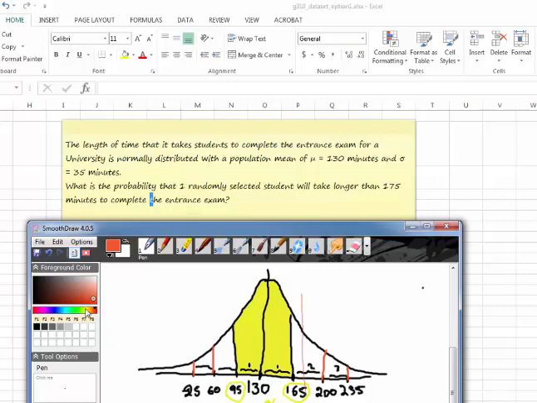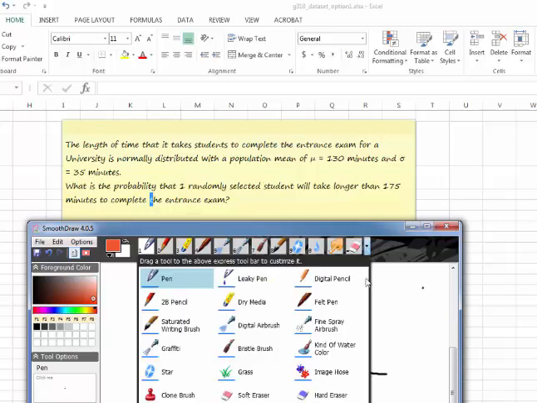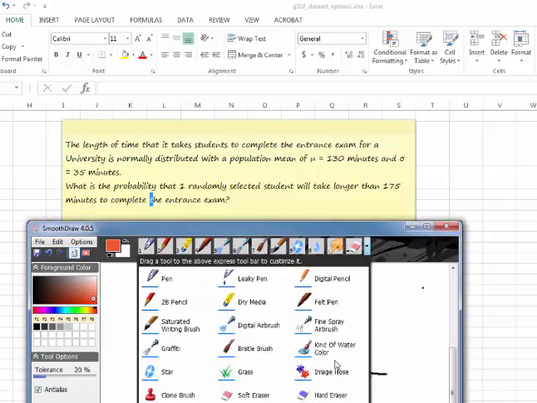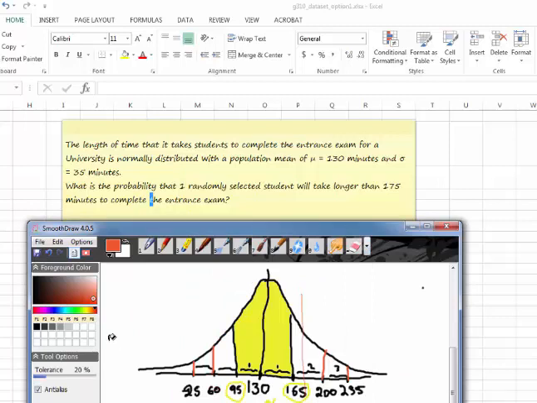So I want to know the actual probability for the students to take longer than this time. I want the students that fall in this yellow area.